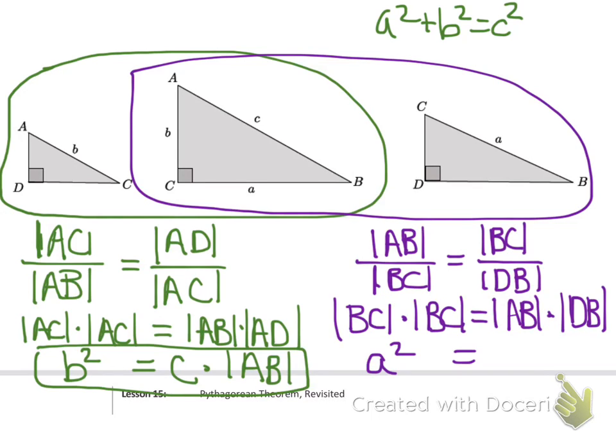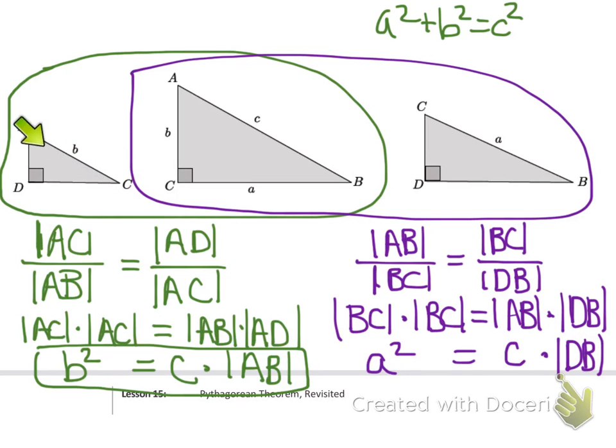So A squared is equal to, and I can also substitute this AB here, or wait a minute, yeah, sorry, our length AB here, not that one, right here, length AB is C, so this one here is going to be C, and this is times length DB. I see I made a mistake over here, didn't I?